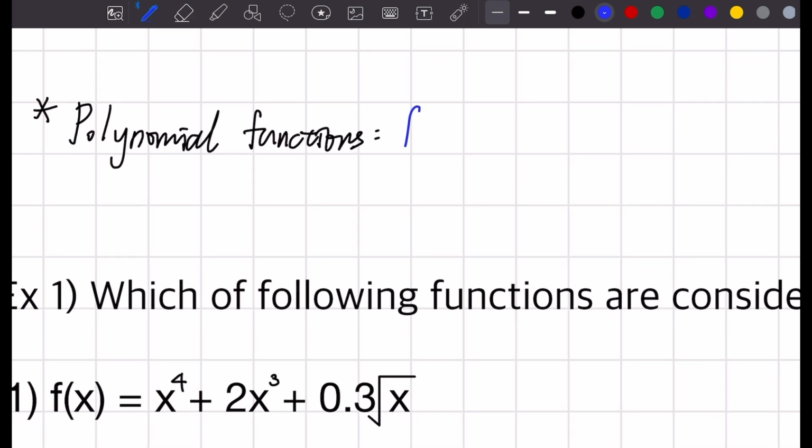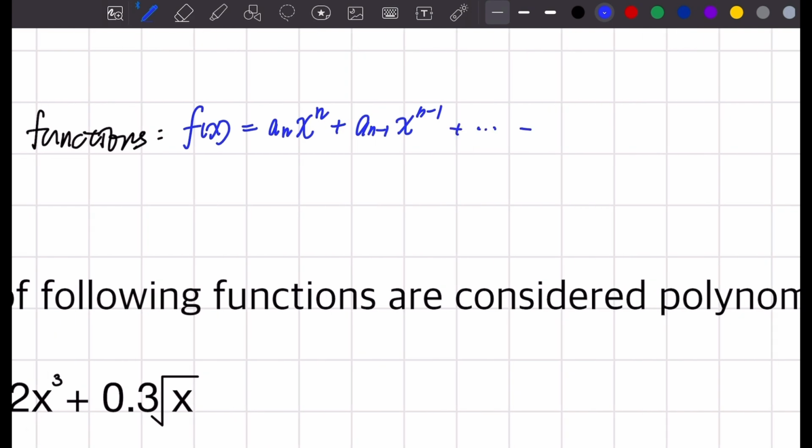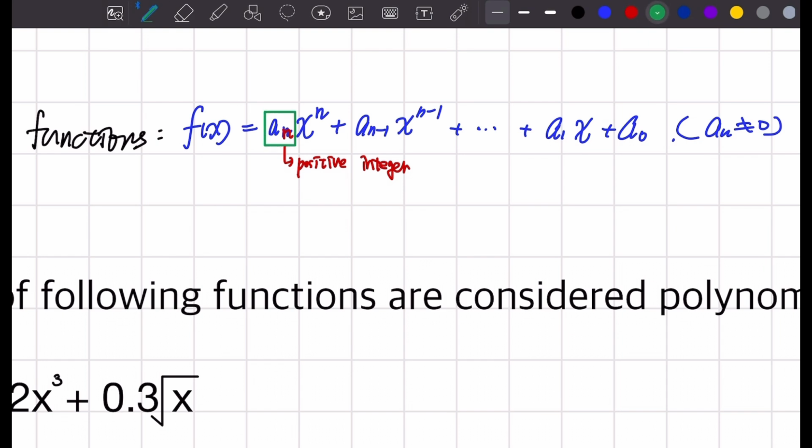A polynomial function is a function f of x, and we can write it as a sub n times x to the power of n plus a sub n minus 1 times x to the power of n minus 1 plus ... plus a sub 1 x plus a sub 0. And here a sub n can't be 0. As you can see here, n should be a positive integer and a sub n is the coefficient of x.